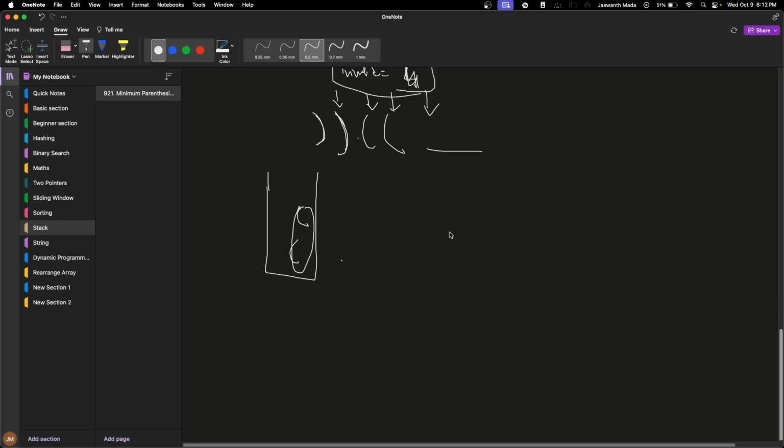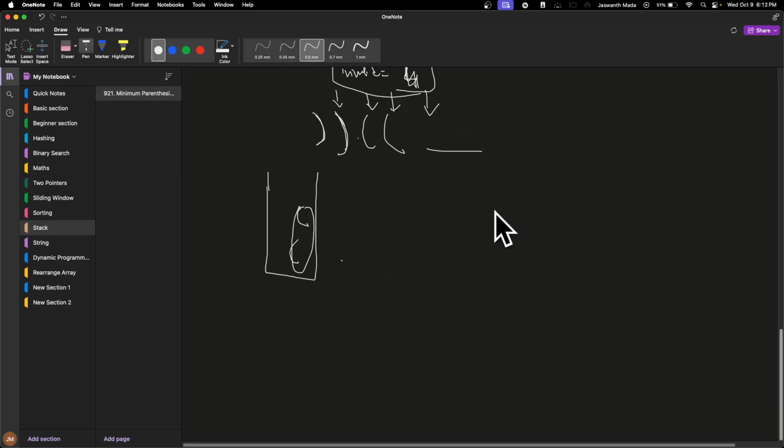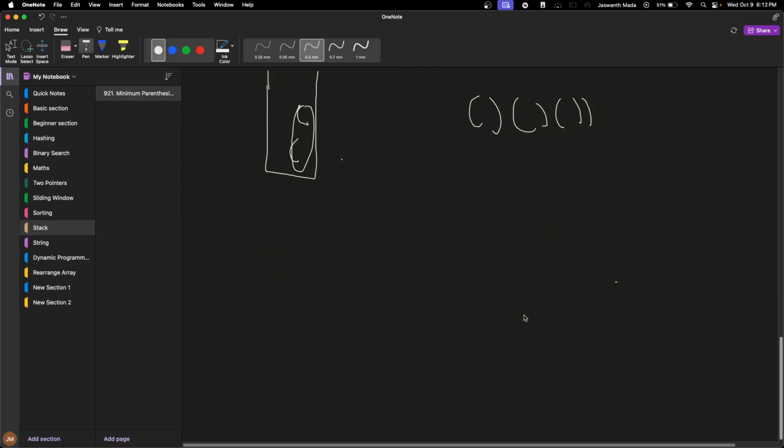So shall we do one more example? Let's say we have something like this. Let's do this final example and then dive into the code.